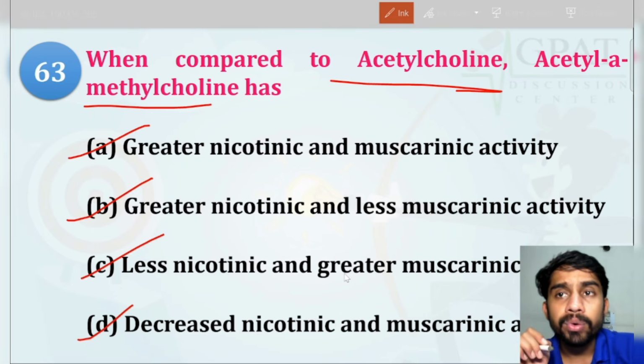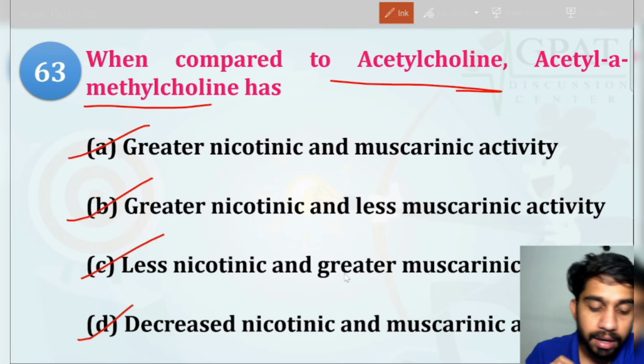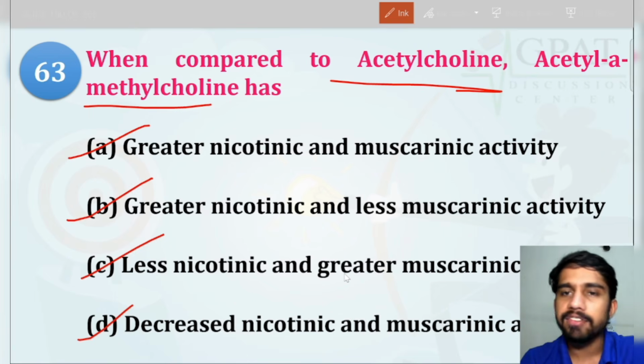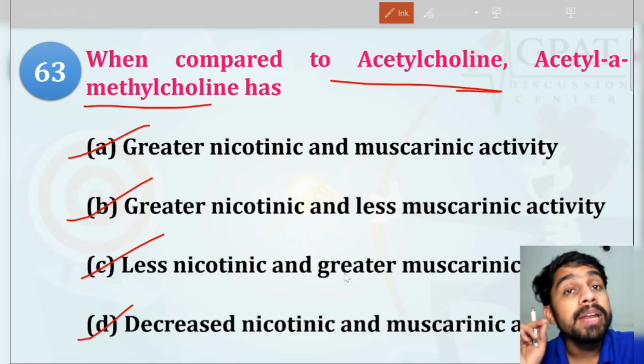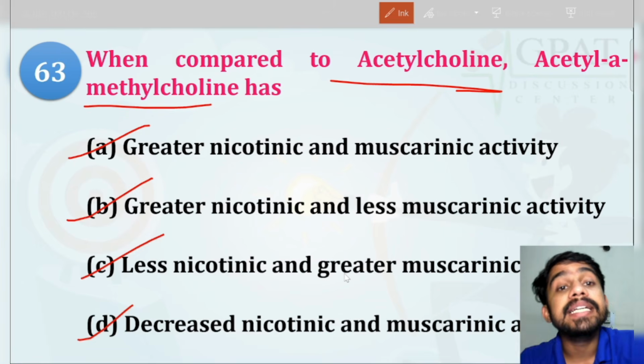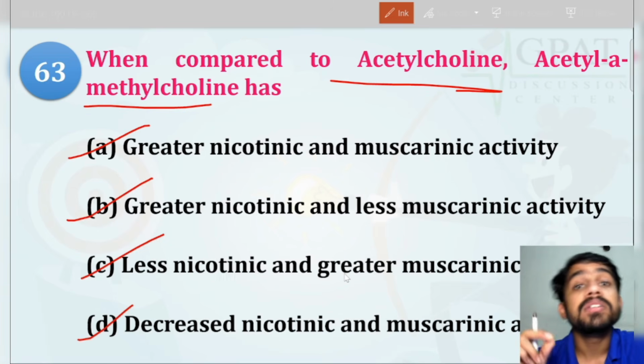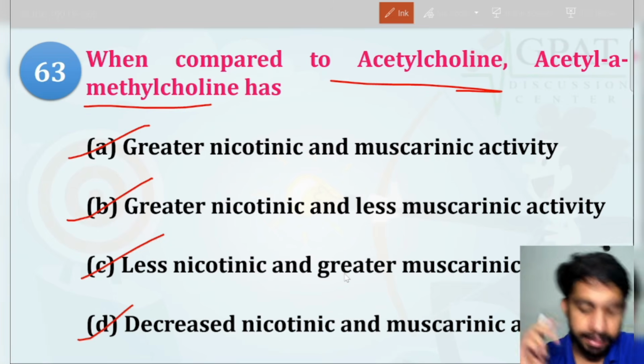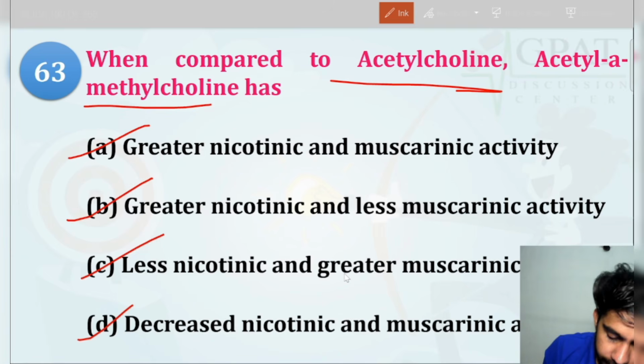So now, acetylcholine and acetyl alpha-methylcholine. Here one alpha methyl group is extra in alpha-methylcholine, and that methyl group on the choline part creates steric hindrance, and due to steric hindrance it reduces its fit at nicotinic receptors, and that results in its less nicotinic activity.